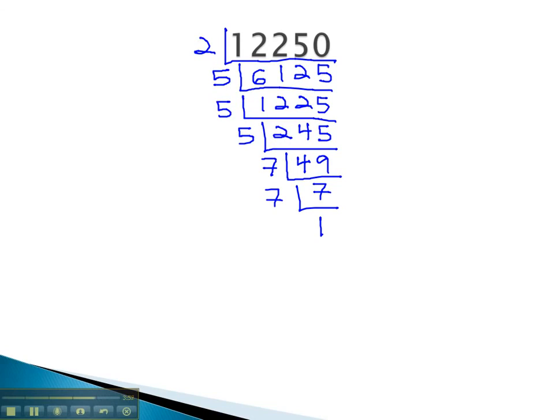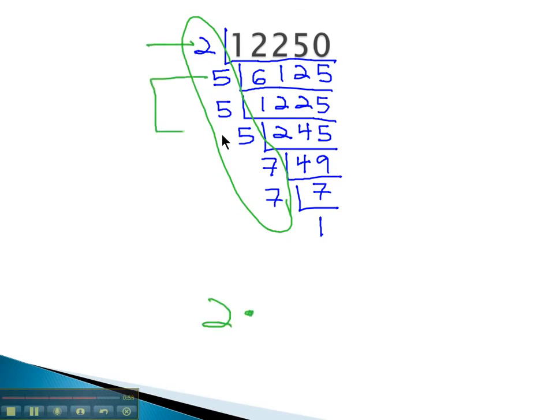We finally got down to a 1, so all these other numbers must make up our prime factorization. In order, we have a 2 times 3 5's, or 5 cubed, times 2 7's, or 7 squared.